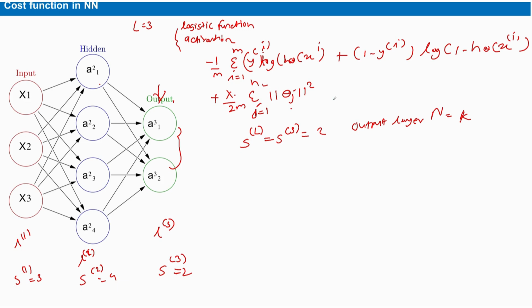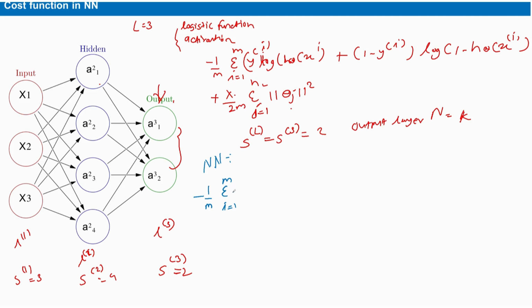Okay, so for the neural network, it will look like minus 1 upon m. Then in the same way, summation of i equals 1 to m, where m is the number of examples.